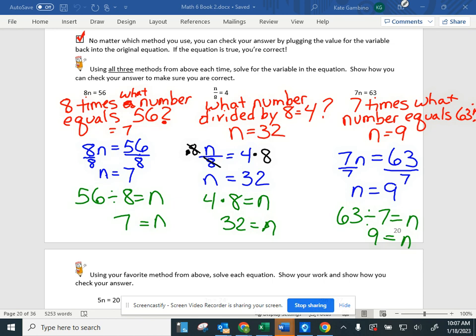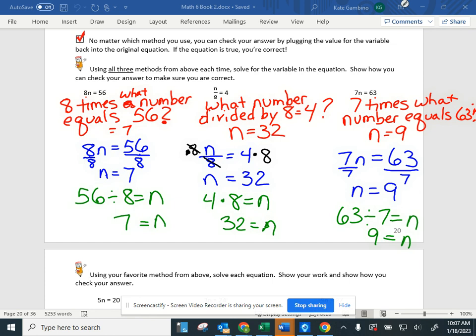Melina. Are we able to use our calculators with this? Yes. Because we are testing you on knowing the steps, not knowing your multiplication tables. So you should be able to use calculators on it.